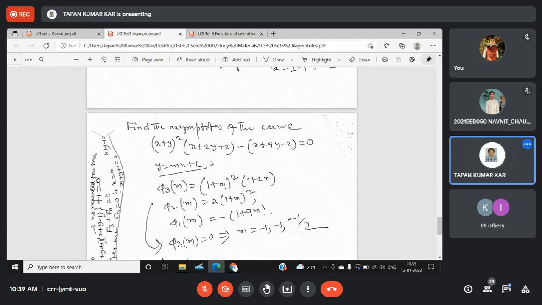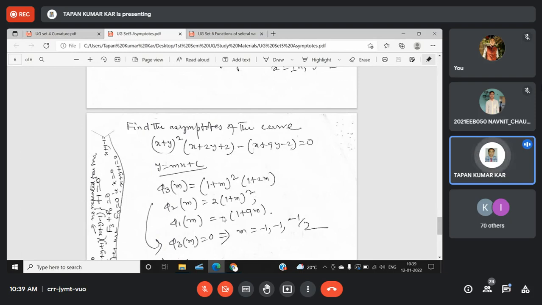How then is our procedure? x equal to 1, y equal to m. It is a cubic equation. So phi 3m equal to 1 plus m, x plus y, that is 1 plus m whole square into 1 plus 2m, because when you are multiplying x plus y whole square into 2, it is a second degree term.